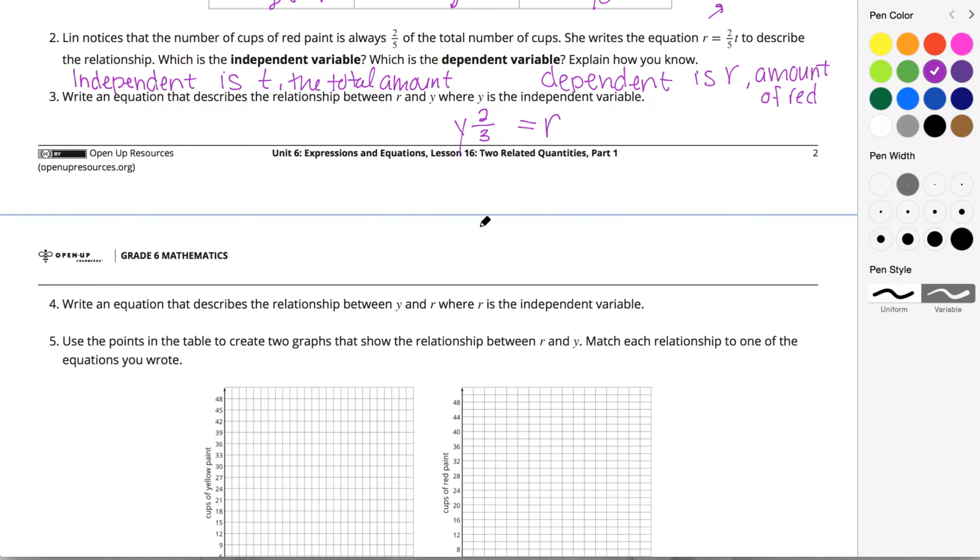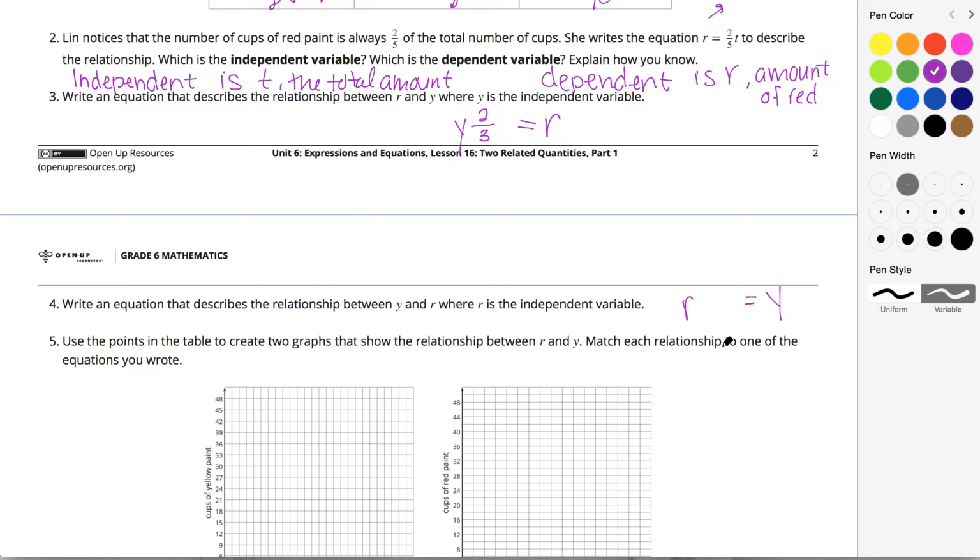Okay, we have one more equation that we're going to write together. As soon as I find my page that disappeared on me, there it is. Write an equation that describes the relationship between y and r, but now r is the independent variable. So now we are going to be switching it. We want y to be the dependent, and we want r to be the independent.